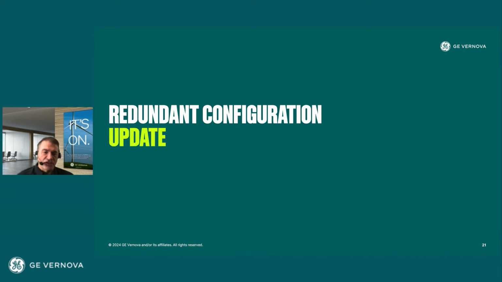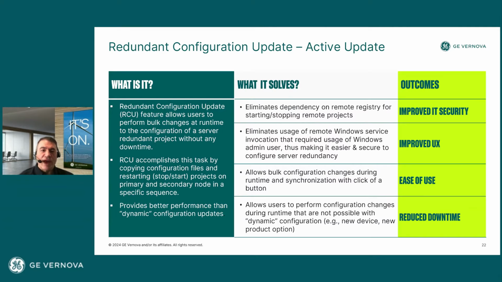All the clients will just continue to operate as normal during that situation. With that, we've added this new capability that ultimately leverages that redundancy capability to allow you to do large scale changes. We also added some capability around doing some of these remote actions, like being able to start and stop servers remotely.